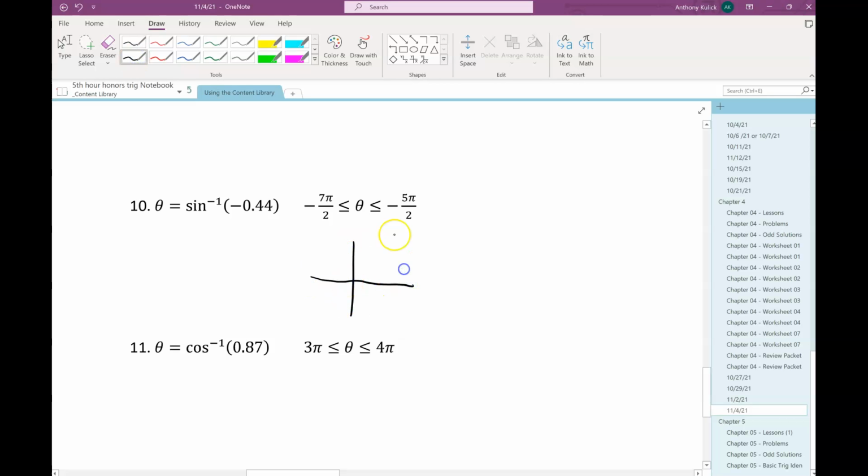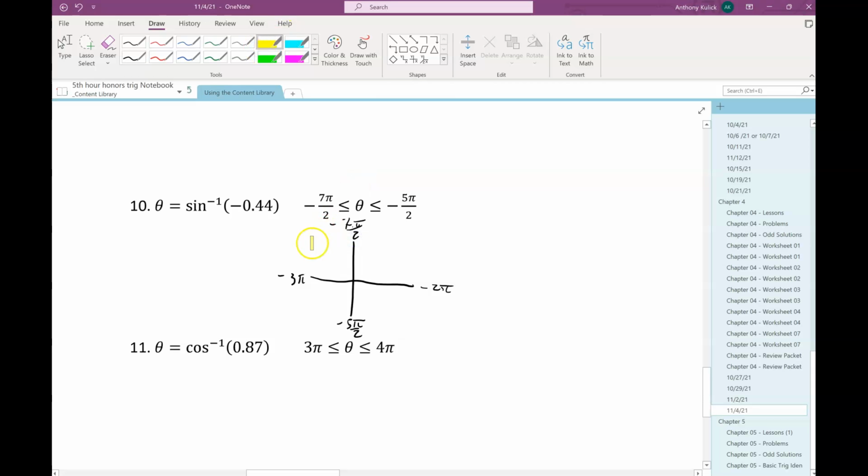So thetas are negative, so that means that we're going clockwise instead of counterclockwise. So 0, negative a half, negative 1, negative 1.5, negative 2, negative 2.5, negative 3, negative 3.5.